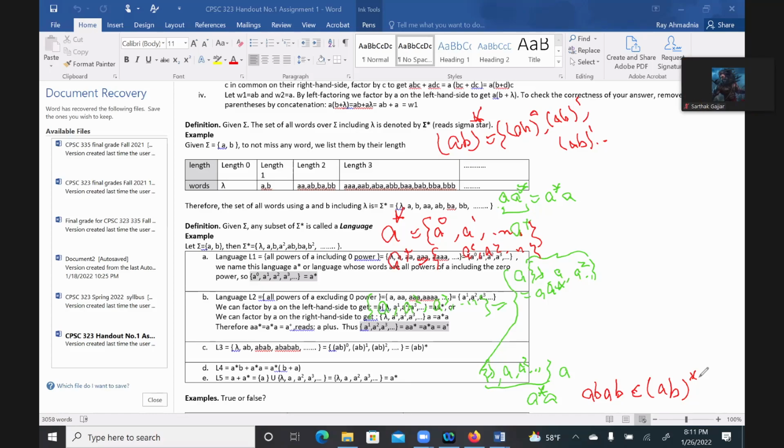Now, if they ask you this question: is AB a word in the language AB star? True. Yes, I have it here. AB to the second power is AB. Still, there are some graduate schools that ask you to take the GRE subject exam. The GRE subject exam means all the questions are related to computer science.